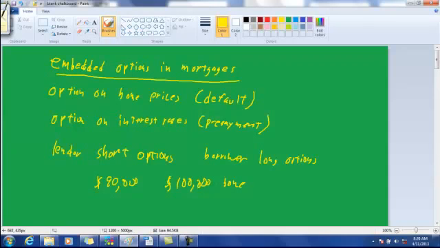If the home price has stayed above $90,000, then it makes sense for you, in order to pay off the loan, let's just say you can't possibly make the payments, it makes sense for you to sell the home, take the money out of it, 95,000, 100, 105,000, use 90,000 of it to pay off the loan, and keep the rest of the money.